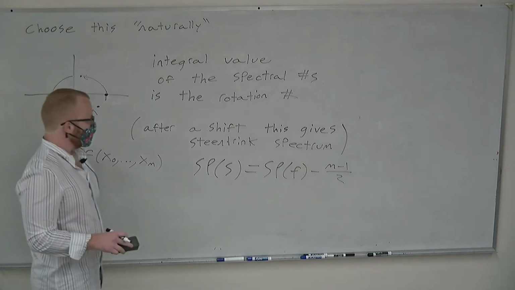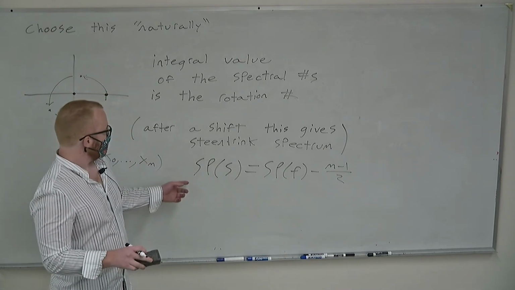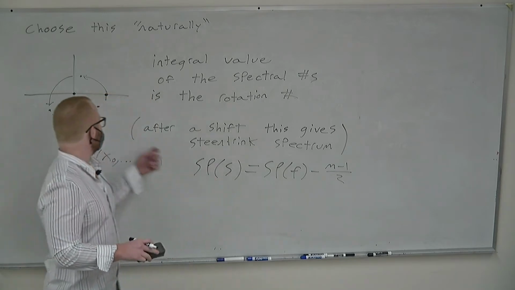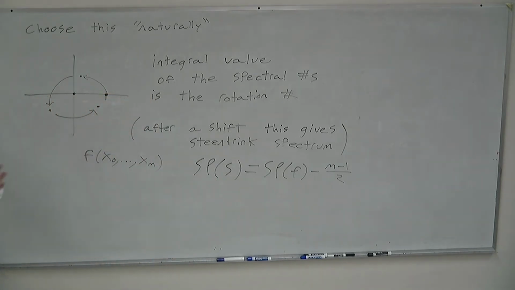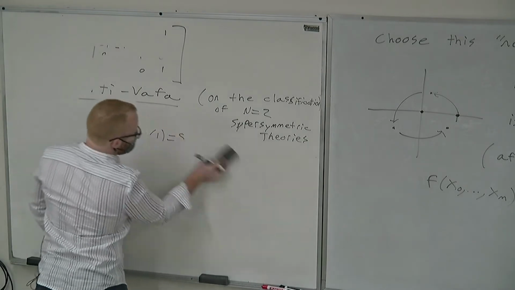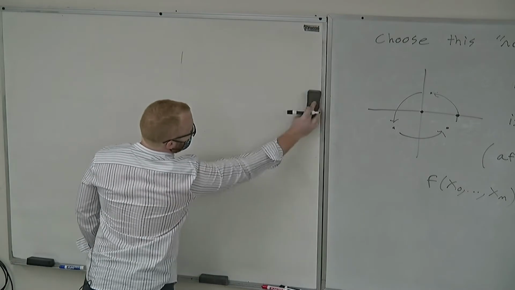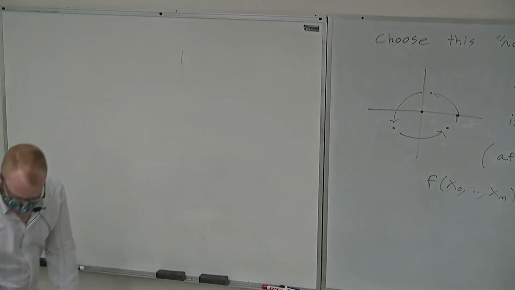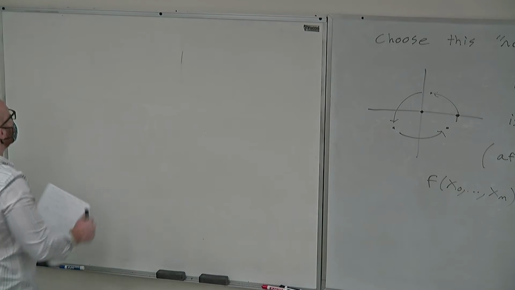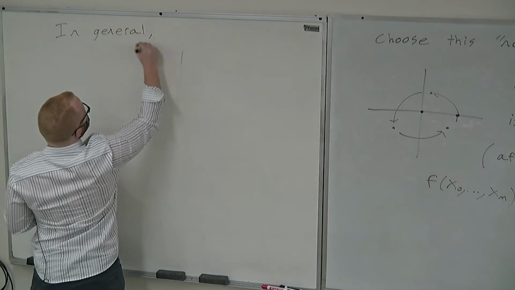If you look at Saito's formulation, it's slightly different. The spectrum of S is always centered around 0, so just shift it over to being centered around 0, and you're good. OK, so there are several problems with this idea, or at least several assumptions that we're making that maybe aren't terribly well founded. In general, this is not rigorous.